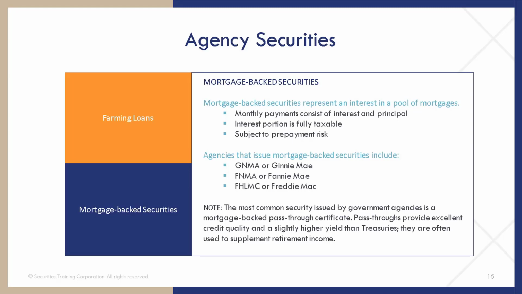And an added risk in these mortgage-backed securities is, notice here it says they're subject to prepayment risk. What is prepayment risk? It's the risk that you might get the principal paid back to you quicker than originally projected. Why? Because homeowners can prepay their mortgages whenever they want. And remember, they're passing through the payments. And homeowners prepay their mortgages for a couple of reasons. One is because they move.